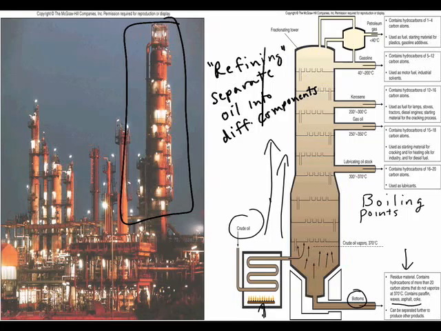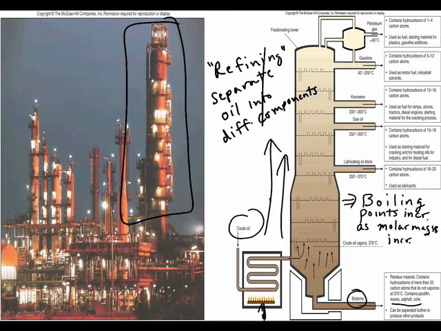So boiling points increase as the molar mass increases. That's a big point. Okay. All things being equal, there are other factors involved, but in general, boiling points increase as the molar mass of the molecule increases.